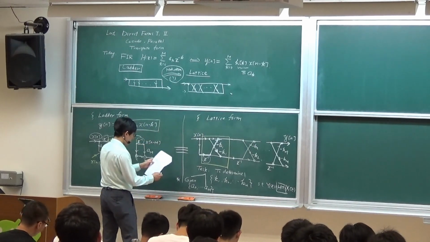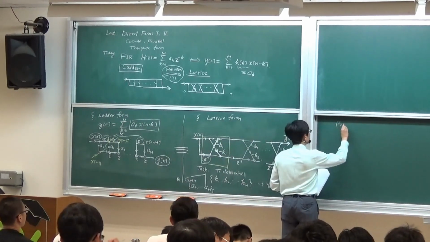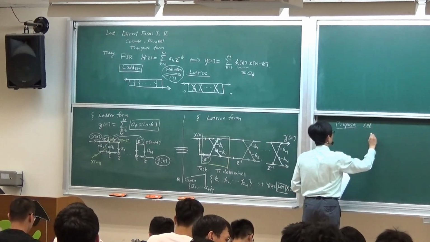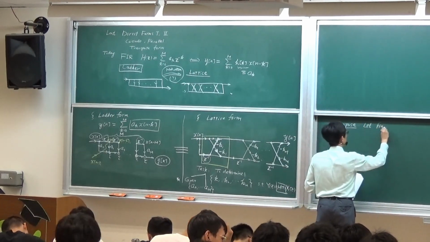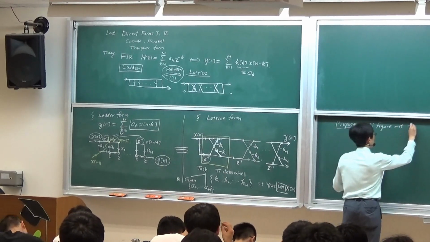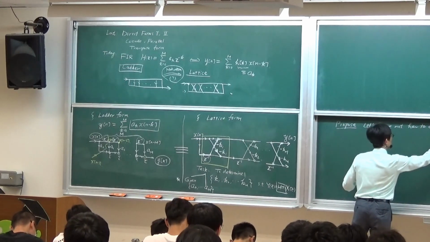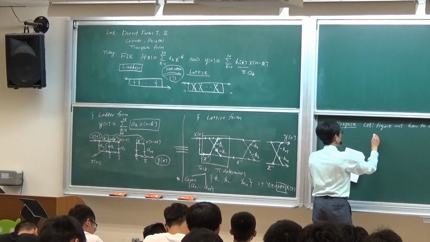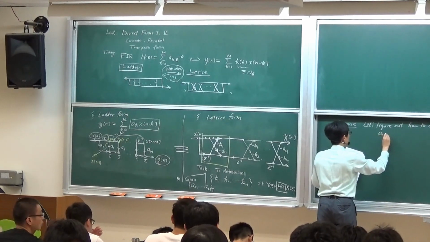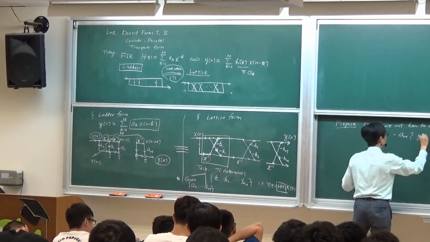But to proceed with this, let me propose. Let's figure out how to calculate A0 to AM given the lattice coefficients.